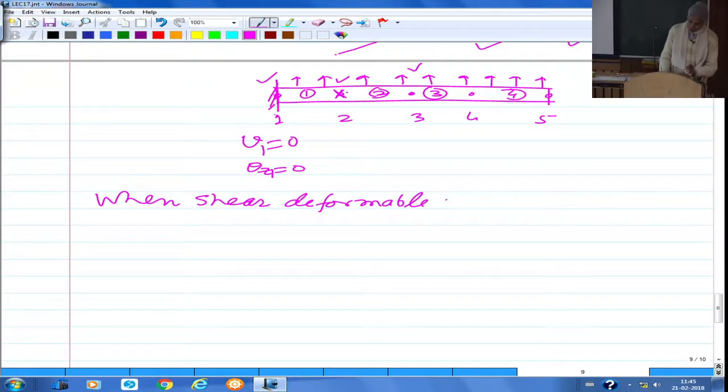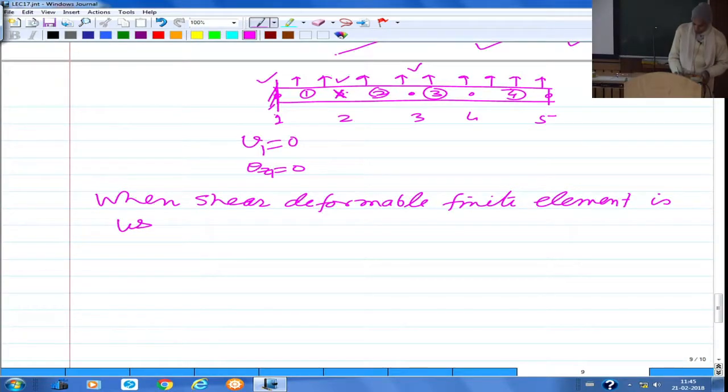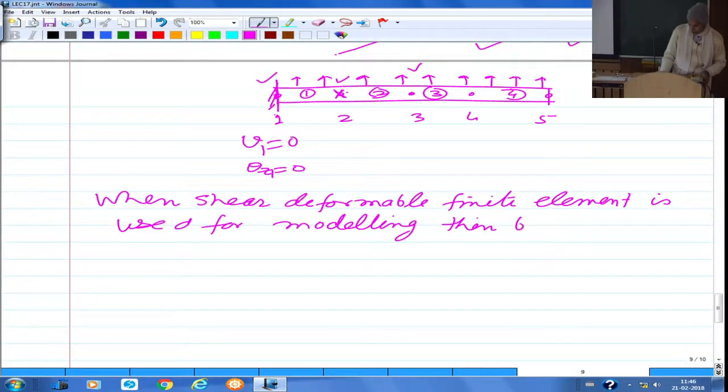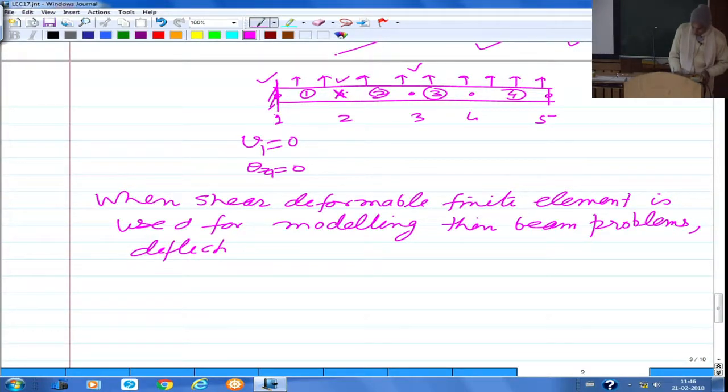So when a shear deformable finite element, in this case a beam element, is used for modeling thin beam problems, deflection is under predicted.